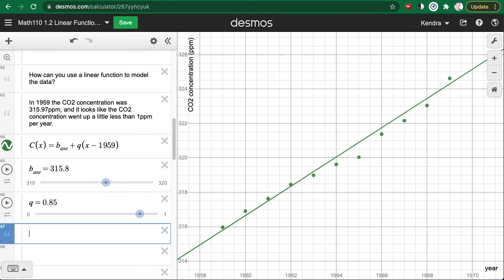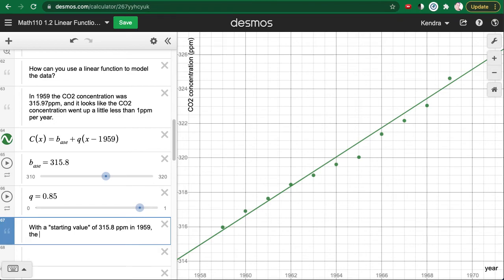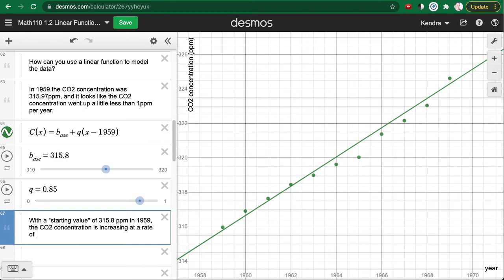So let me write that with a starting value of 315.8 parts per million in 1959. The CO2 concentration is increasing at a rate of about 0.85 parts per million per year.